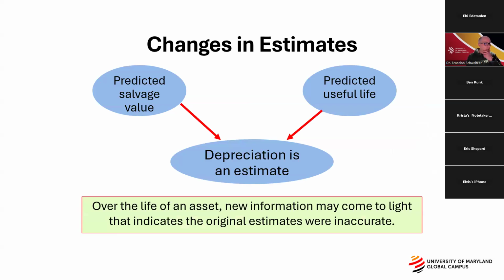And in some cases, we might need to make an adjustment to our depreciation. Depreciation is based on estimates of salvage value and useful life. There is some guidance from the Internal Revenue Service on how long things should be depreciated for or what their useful life is.